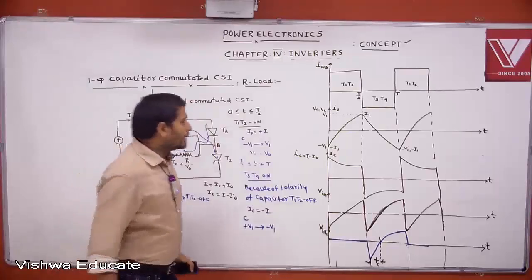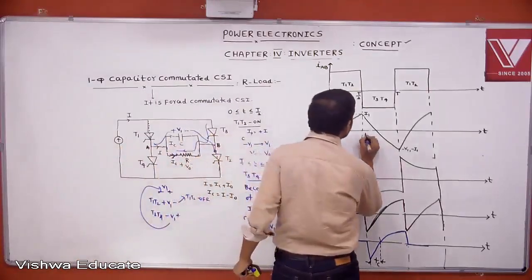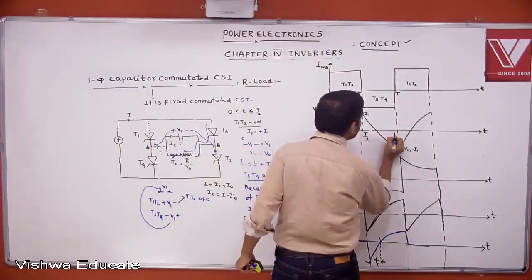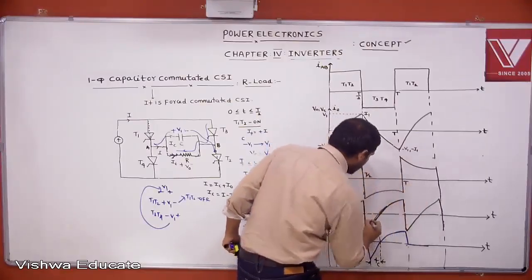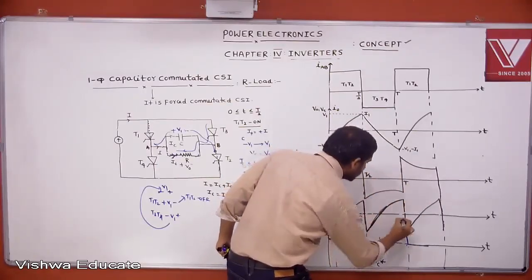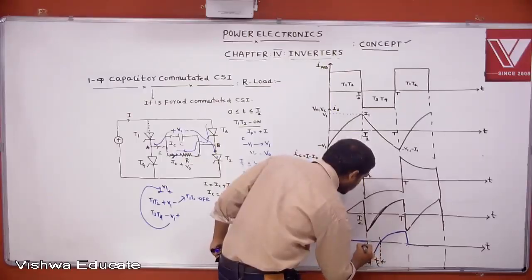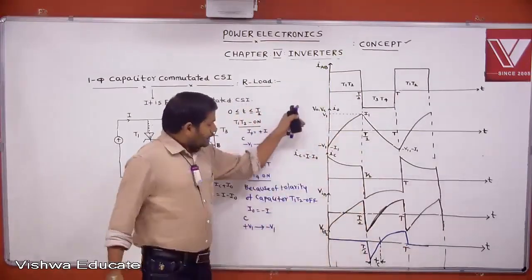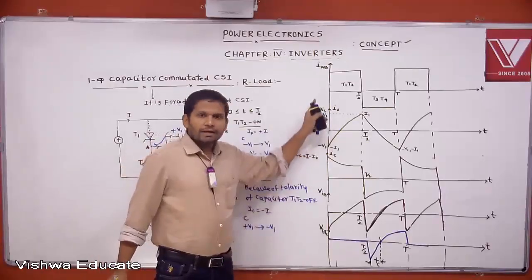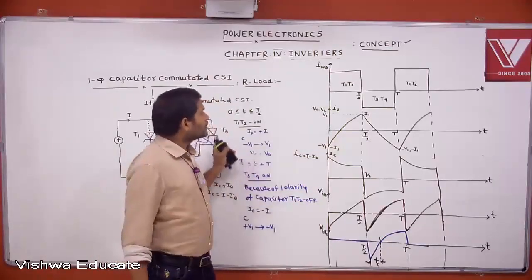Okay. Like this we can get the different wave shapes. This is T by 2, this is T. These are the different wave shapes we are getting in the capacitor commutated current source inverter.